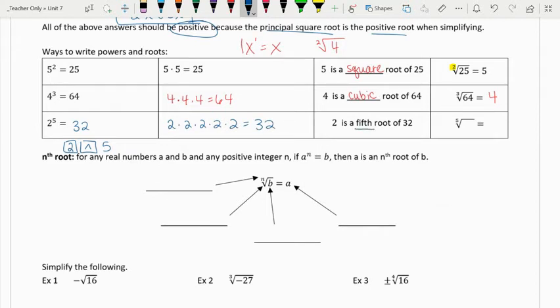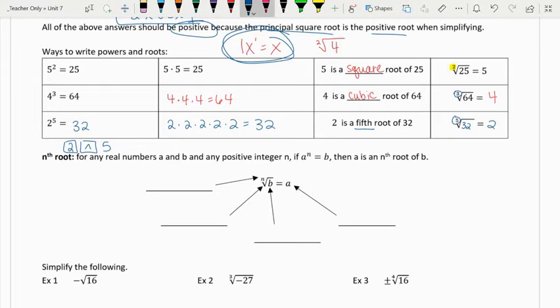So anything over cubic, it just becomes the 4th, 5th, 6th, 7th, and so on. So notice how this had a 3, this has a 5. If it's nothing, it's automatically a 2, just like what we referred to up here. It's just automatic. If it's not a square root, it'll have a number out in front. So the 5th root of 32 would be 2.